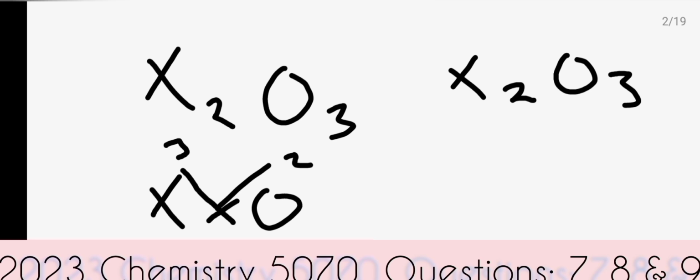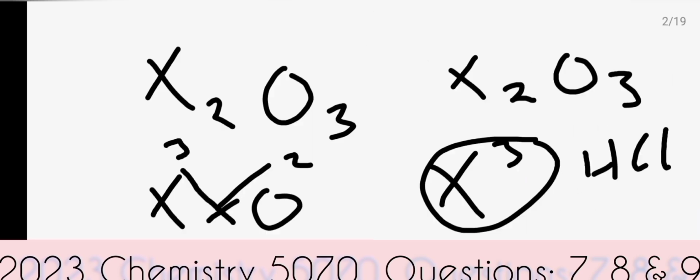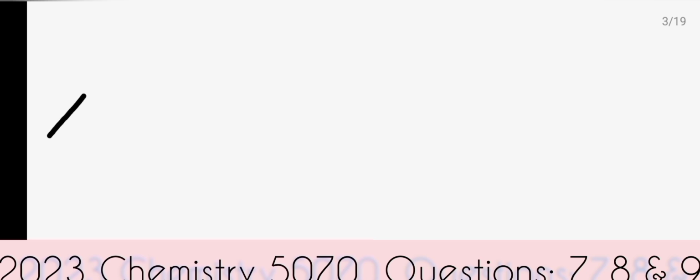So when this X with a valence of 3 reacts with hydrochloric acid, the product is what we must be so interested in, because that's what is going to guide us to the correct answer here. Let's try and react them.